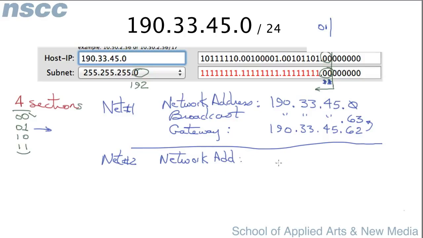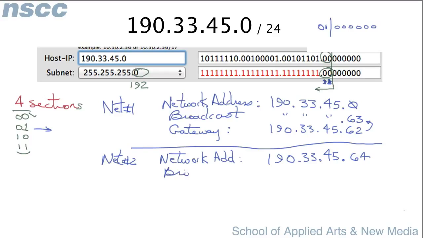So the network address will, again, have 190.33.45. These don't change. Dot, I have 0, 1, and I have 6 zeros here for my network address. Network addresses always have all the host bits as 0. So this is the number 64.